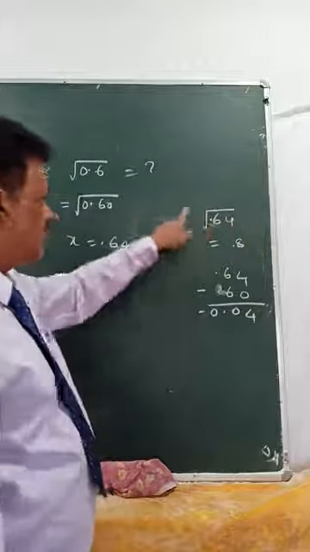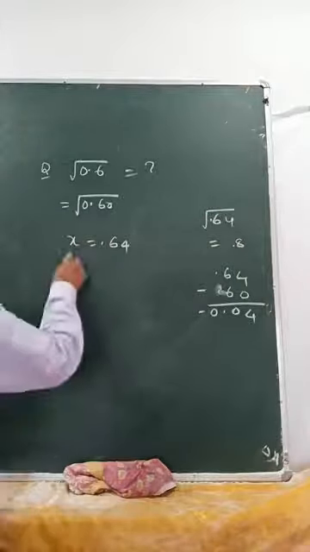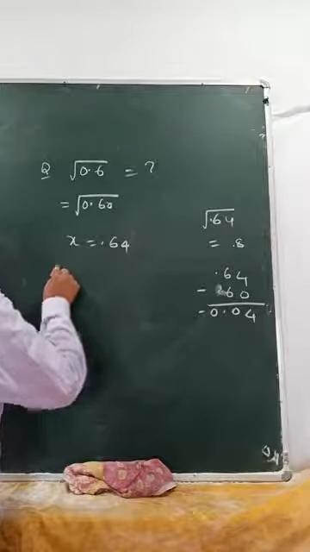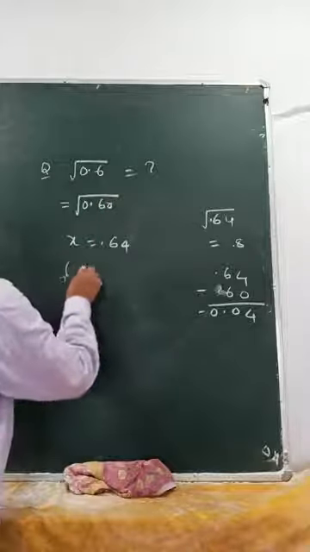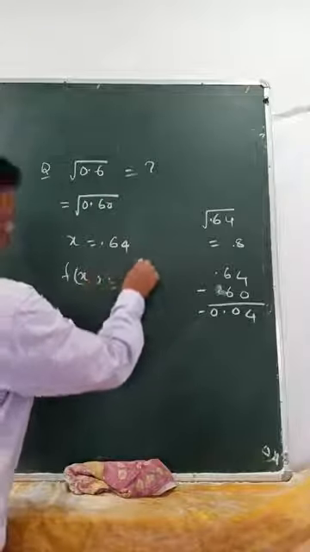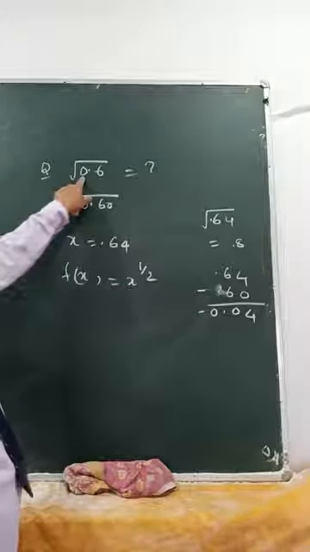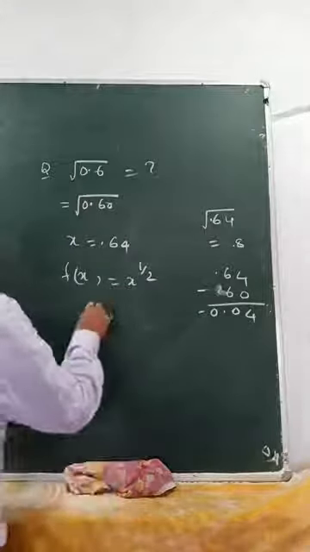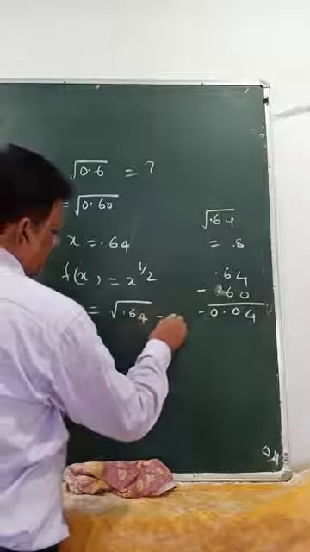The closer value was 0.64, so I took it as 0.64. Now how do you define your function f(x) here? Your f(x) equals x to the power half. Why x to the power half? Because you are asked to find square root of this number. So that will give you square root of 0.64, that is 0.8.